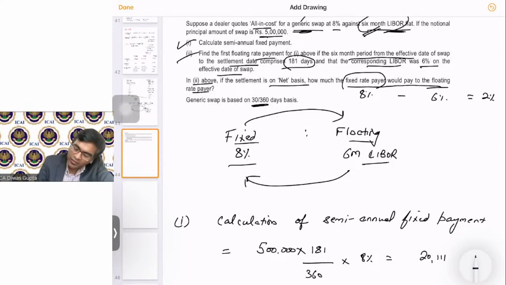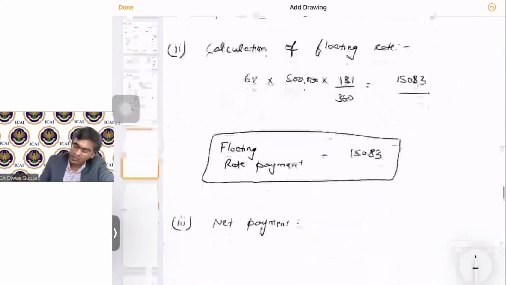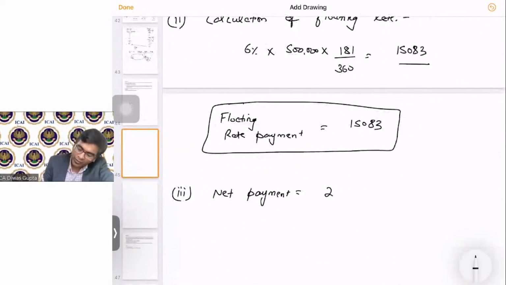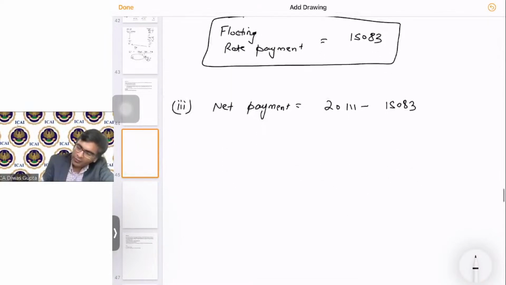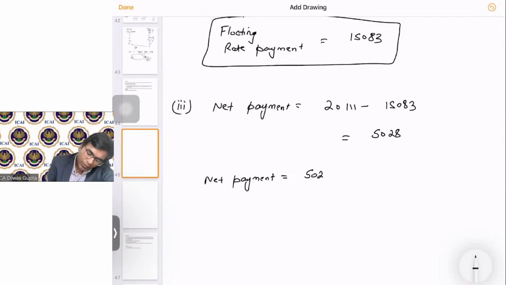So there is a net benefit to the floating rate payer, and a net loss of 2% to the fixed rate payer. So ultimately, the fixed rate payer will pay the difference between these two, 20,111 minus 15,083, which is equal to 5028. So the net payment to be done is 5028.